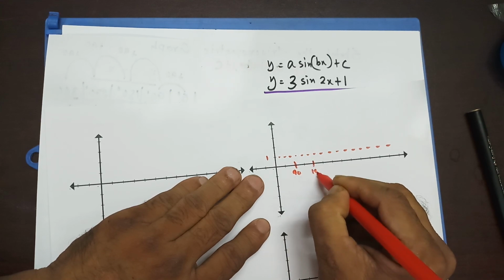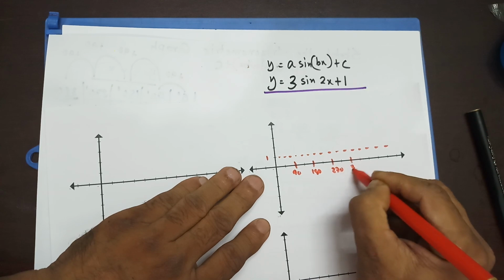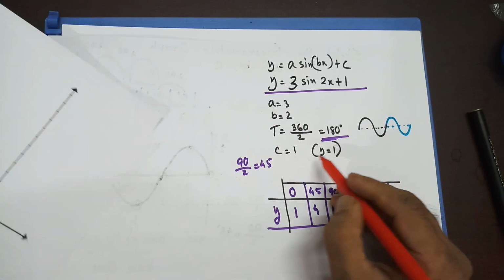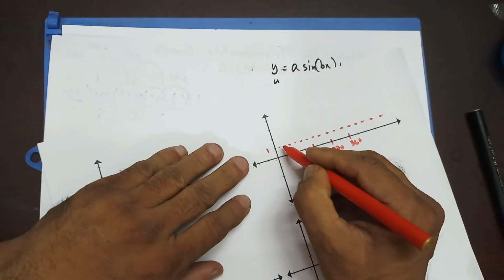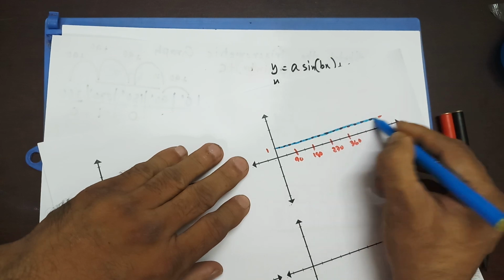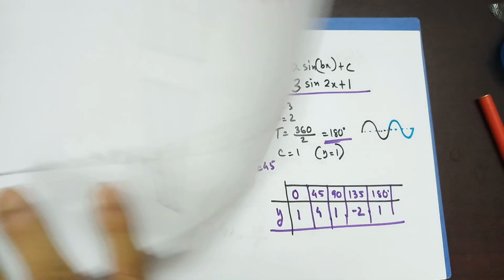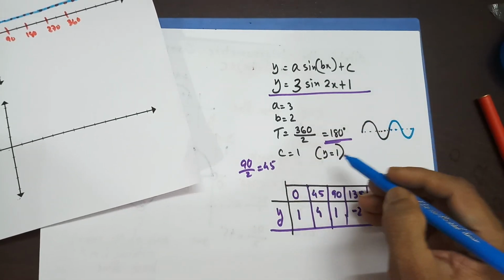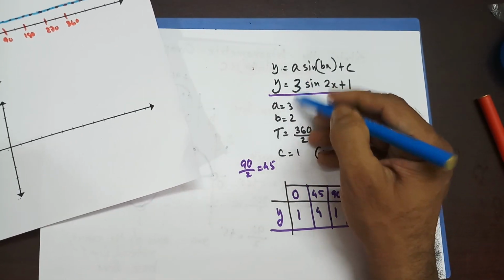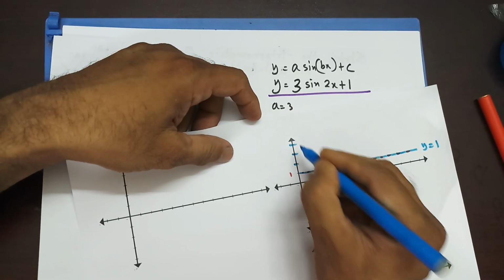This is 180, this is 270, and this is 360. Now 1 is the baseline. I'm going to use a different color and write y = 1, and the amplitude is 3. So from the baseline, it's going to go up 3. From here, 1, 2, 3.